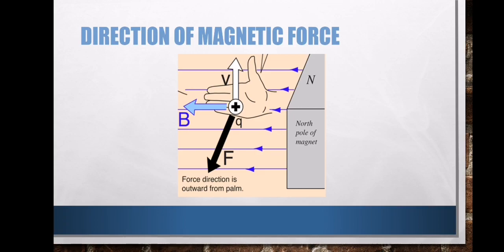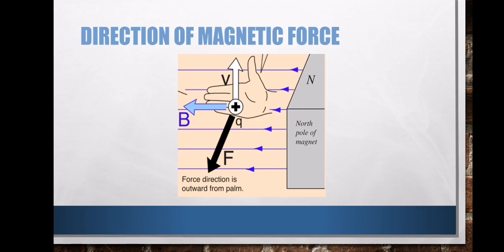It states that the magnetic force is perpendicular to both V and B. On the illustration, arrow B is the direction of the magnetic field, arrow V refers to the direction of the velocity, and arrow F is the direction of the magnetic force.